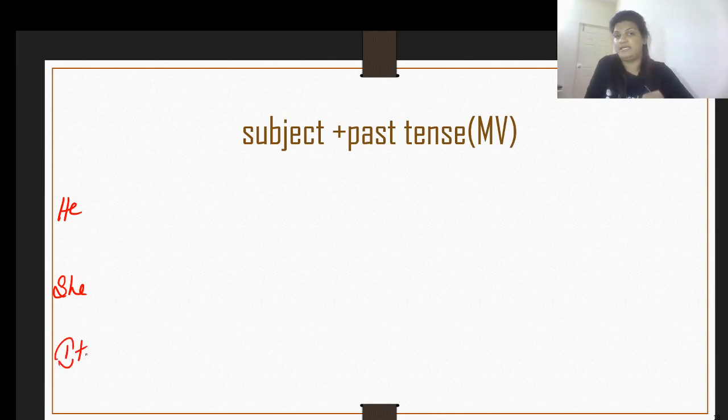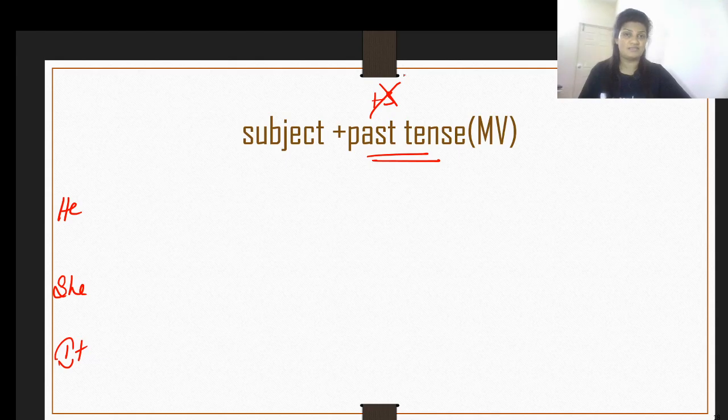Well, when I was explaining to you about he, she, and it with reference to present tense, I in fact told you that we use a plus S verb. Do you remember that? But this formula doesn't apply over here in simple past. Here, even in simple past, soon after the subject, doesn't matter what type of subject you are using, you go ahead and use the past tense verb alone. There is no plus S form over here with third person singular subjects like the way we used in present tenses.